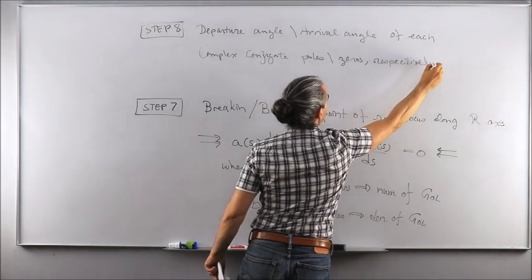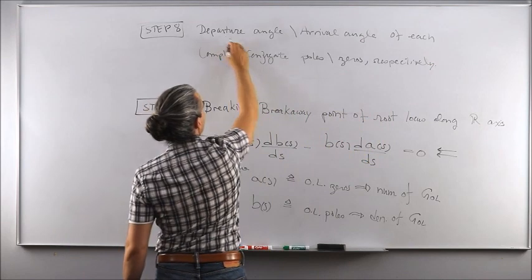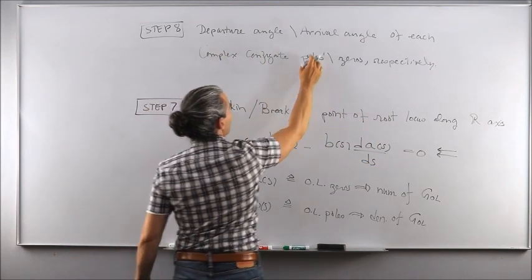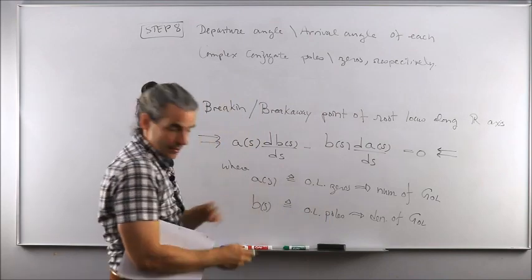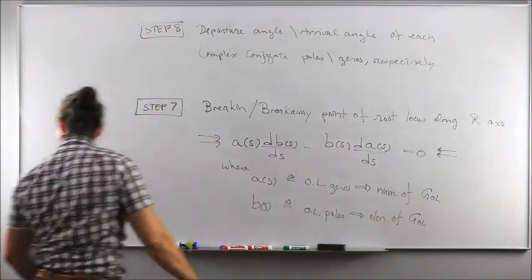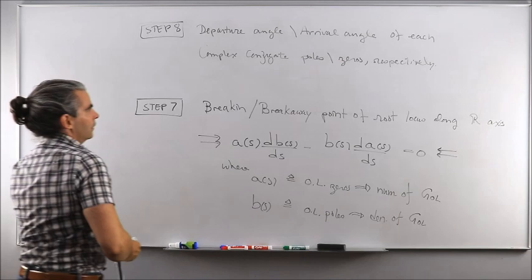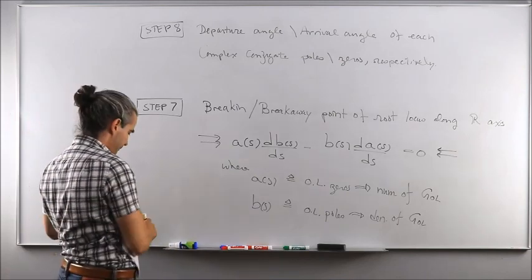Why respectively? Because departure angle is always from a pole and arrival angle is always at the zero. And that one is done. Okay?